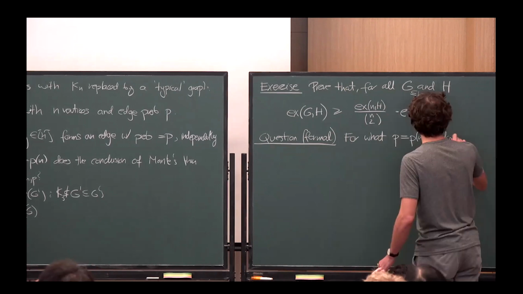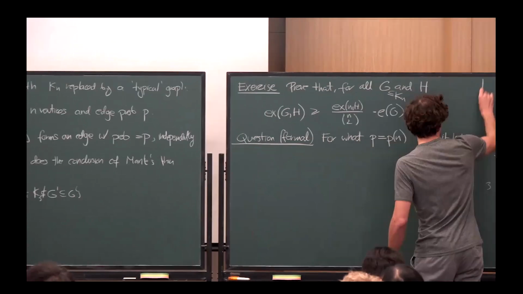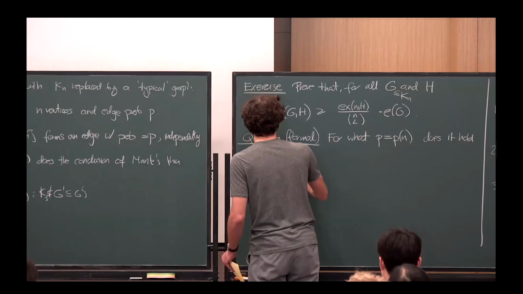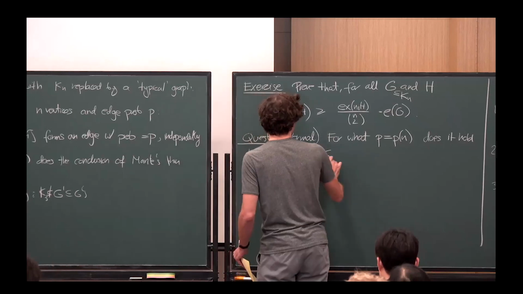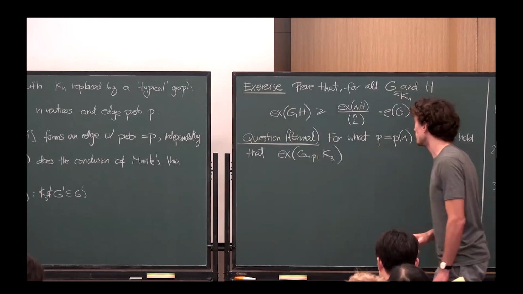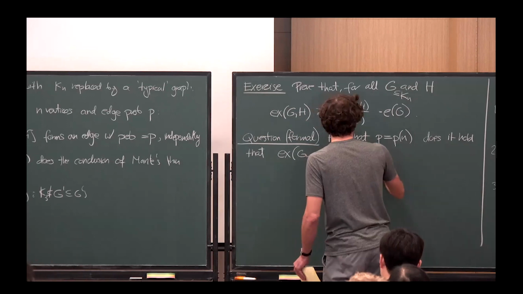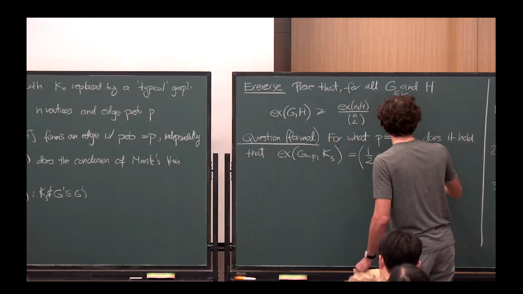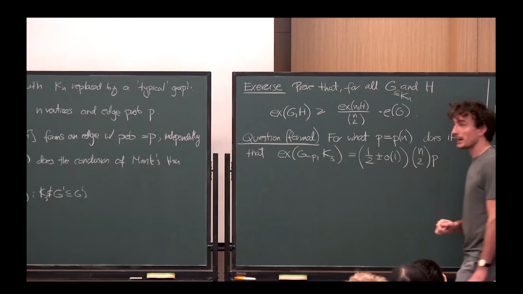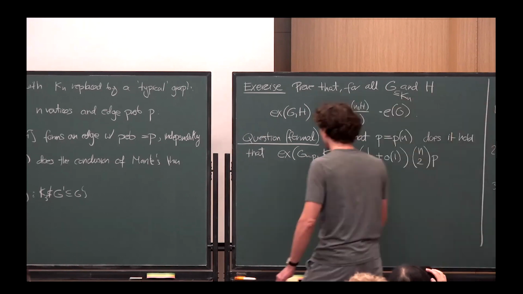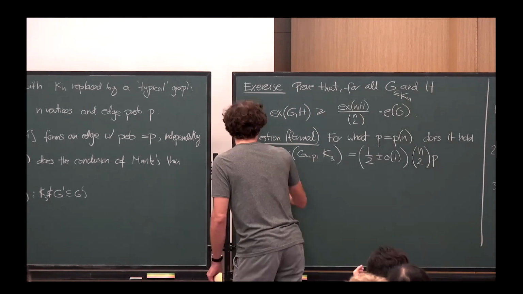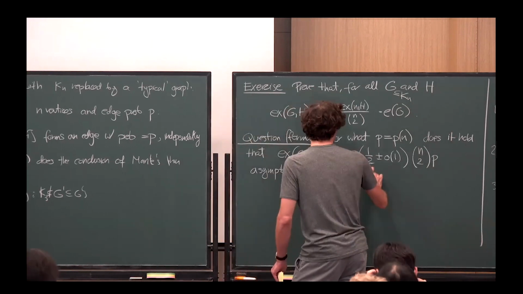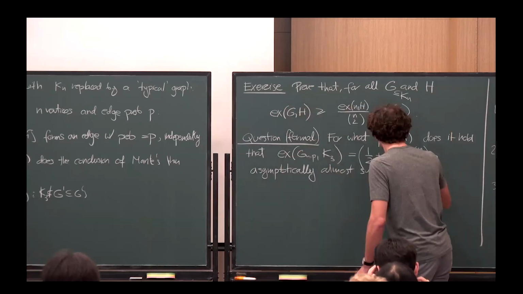So for what p does it hold that the largest triangle-free subgraph of the binomial random graph G(n,p) is asymptotically half of its expected number of edges, and that this holds asymptotically almost surely, which is standard jargon in random graph theory.